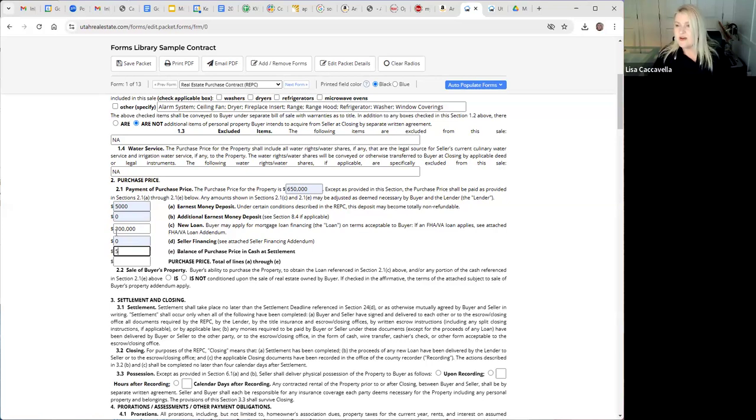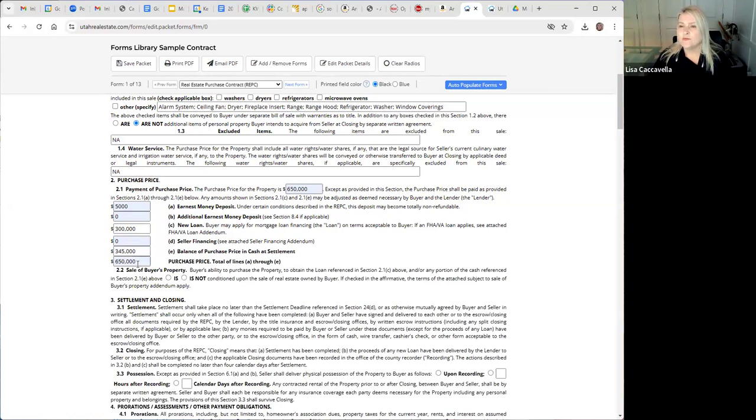Okay, so 345 is the amount they're bringing cash at settlement, and the total purchase price again matches back up here. Thank you to the 650.